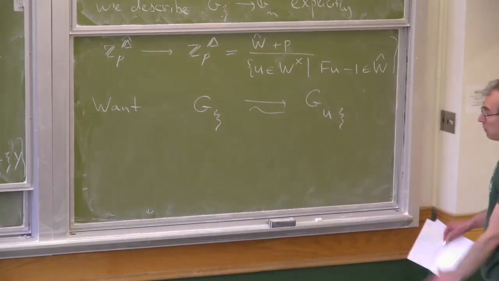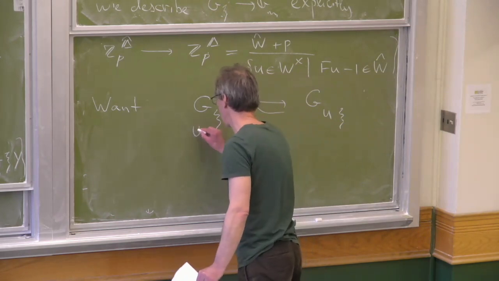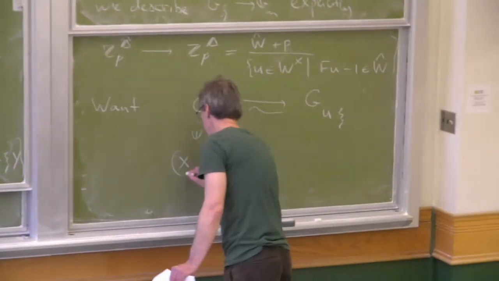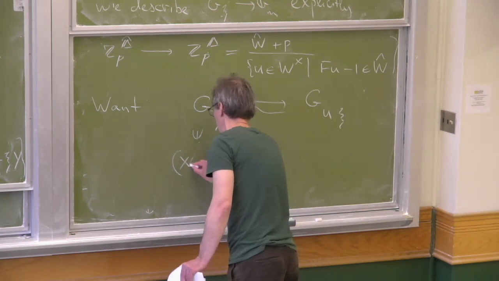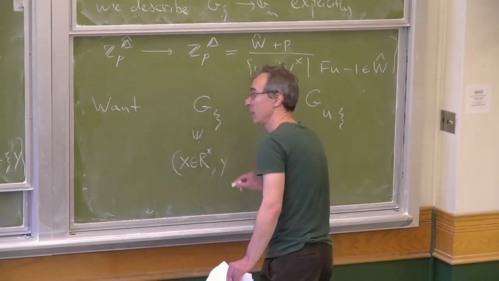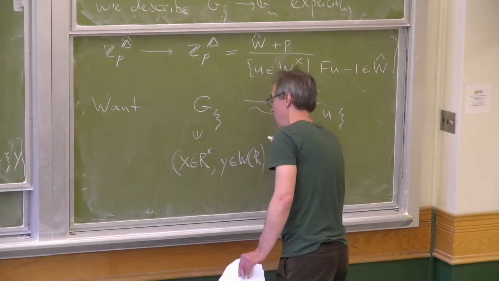So I will write down the formula for you. The formula is very simple. Suppose I have an element here. So here is an explicit description of the group. I have X in R cross and Y in W(R). What can we do?